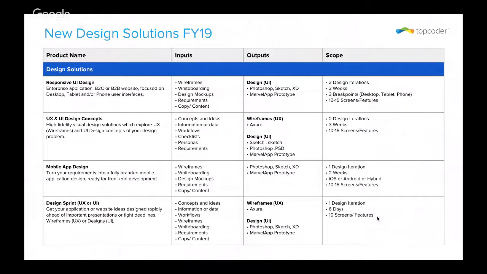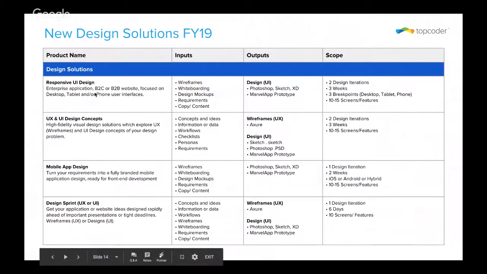These are things that we have historically always done. They may have been sold to our clients as 3 challenges or 5 challenges or whatever it ends up being. So the goal with design solutions is to package those things into a single solution that we can offer to our customers.